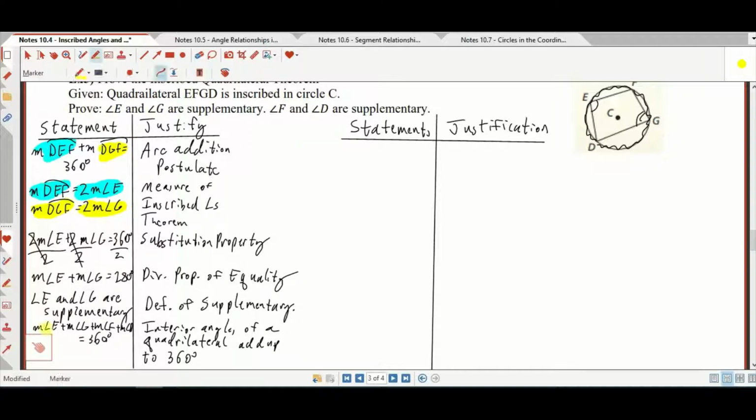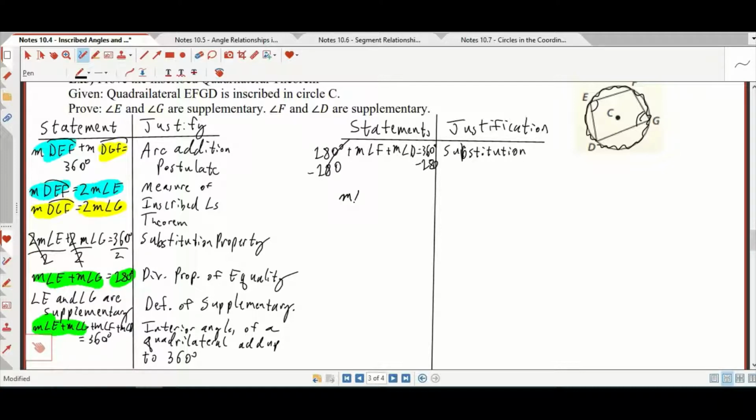But since I know that angle E and G both come together to make 180 degrees, I'm going to replace them with 180. That is 180 degrees plus the measure of angle F plus the measure of angle D equals 360 degrees. And I know that through substitution. I subtract 180 from both sides.